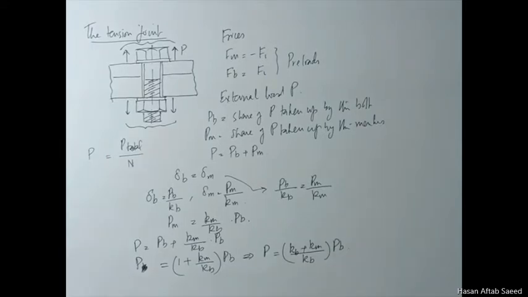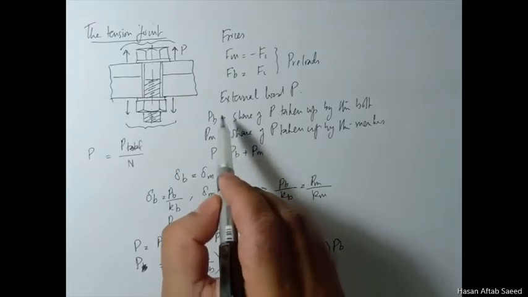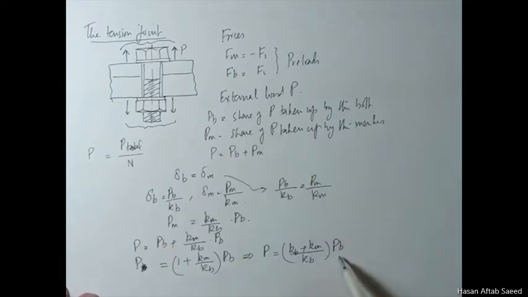Now we are interested from the start in the share, so we are interested in this quantity, and it is very easy to write this. By simple rearrangement, we can write this force taken up by the bolt.